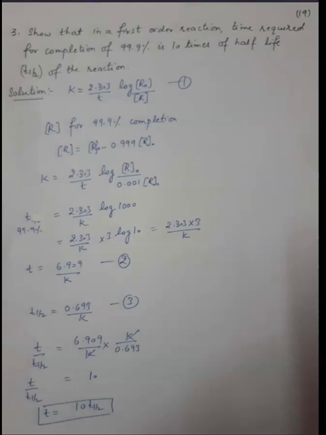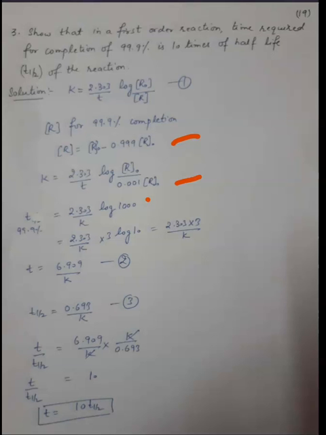So R is equal to R0 minus 0.999 R0, which is 0.001 R0.